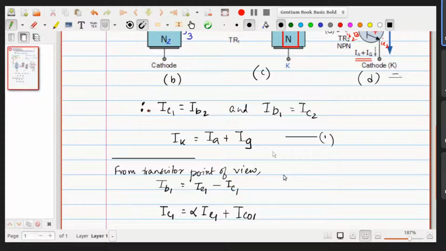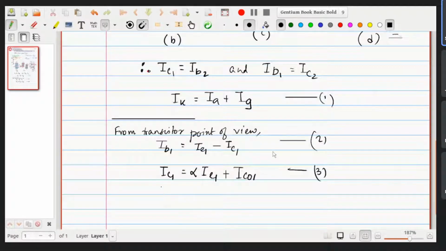Equation number 1, equation number 2, and equation number 3. I repeat this step once again: what is the definition of the collector current? The collector current is the output, basically a fraction of the emitter current. This is for the first transistor PNP, so alpha 1, a fraction of the emitter current, plus the reverse saturation current for the PN junction, ICO1.